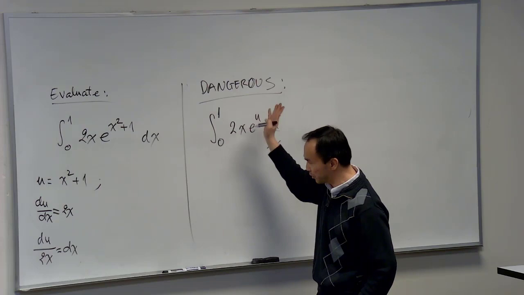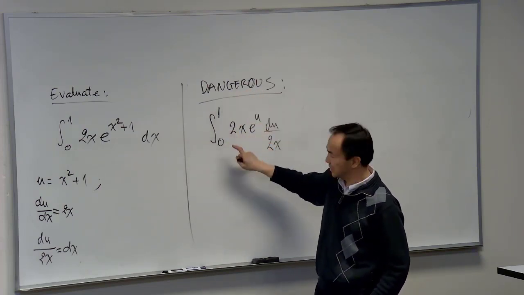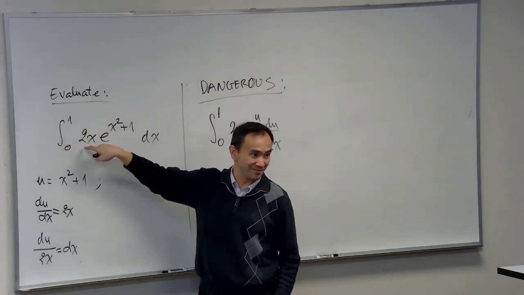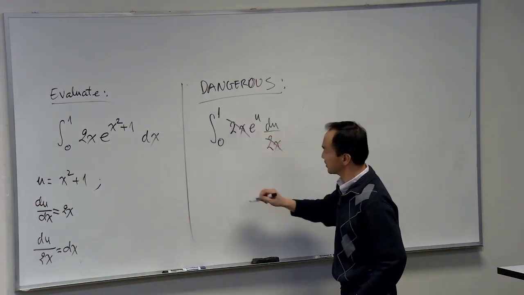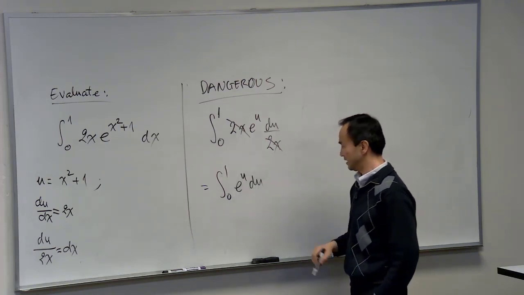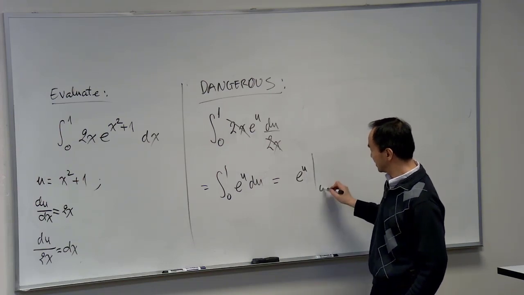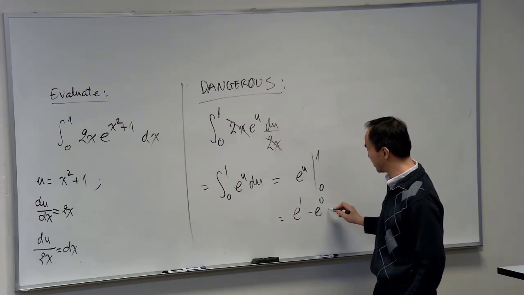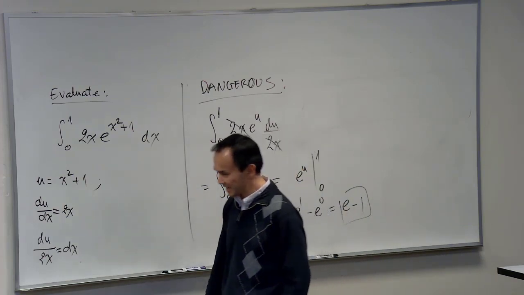Every substitution is doing just fine, but they treat it completely as a definite integral with the original limits. Then they carry it on. The 2x canceled out, and from 0 to 1 it's e to the u du, and they keep evaluating that, substituting in 1 and 0, so e to the first power minus e to the 0, which is e minus 1.